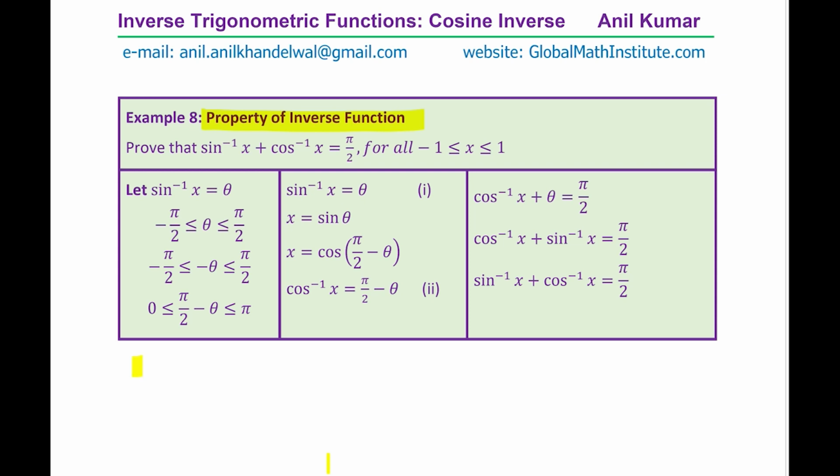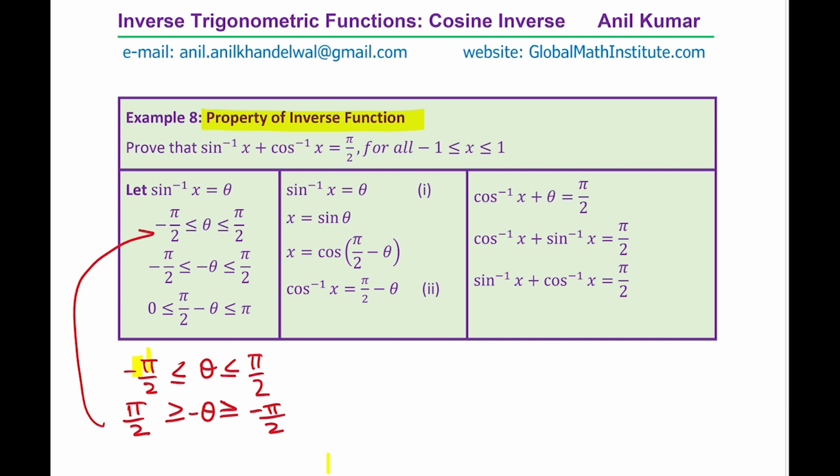So we had minus pi by 2 is less than theta is less than pi by 2. Now when I multiply by negative number, both these signs, they interchange. Do you see that? And we get pi by 2 here and minus pi by 2 here. So that is what we have written here.